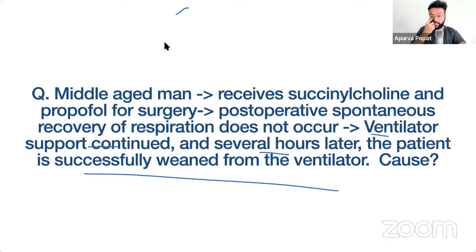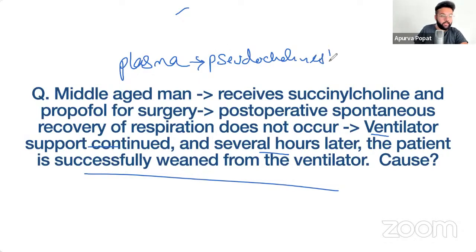It goes to the plasma, and plasma has something called pseudocholinesterase. Okay, that's perfect. We have pseudocholinesterase deficiency in this patient. That's why succinylcholine is not metabolized, and that's why this patient is having prolonged paralysis.